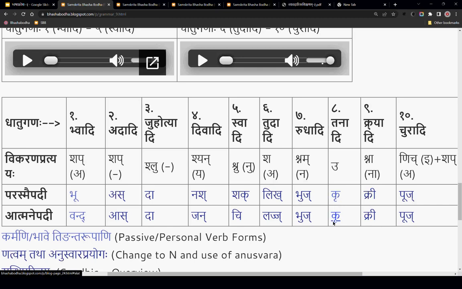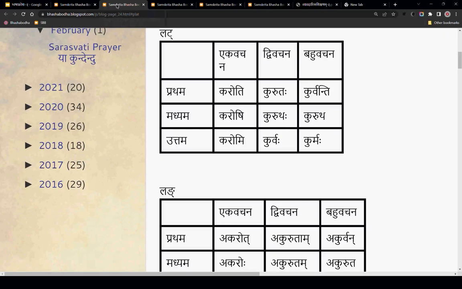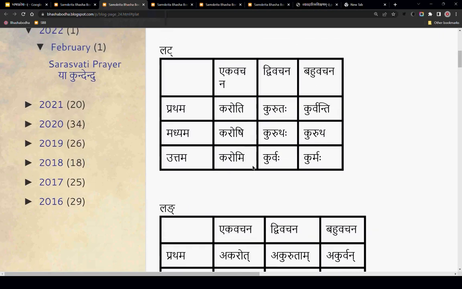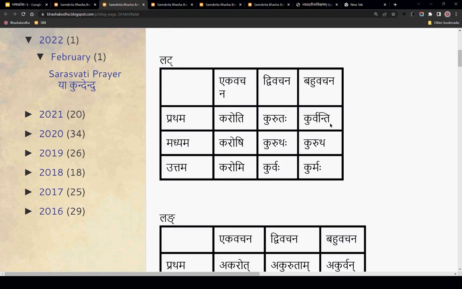It is also ubhayapadi. Some dhatus are ubhayapadi, meaning they can take both the forms, parasmaipadi form also, atmanepadi form also. Okay, so let's see what is the form of kru dhatu in the parasmaipadi form. It is this form: karoti, kurutah, kurvanti, karoshi, kurutah, kurutha, karomi, kurvah, kurmah.